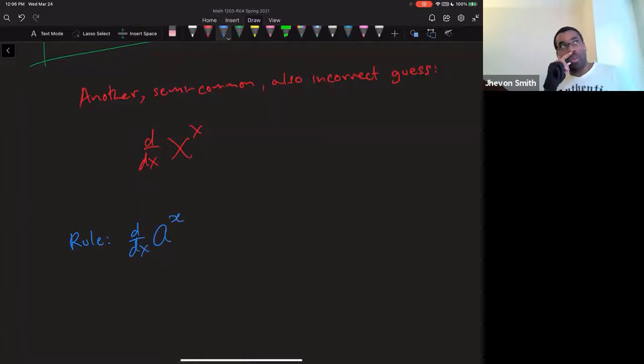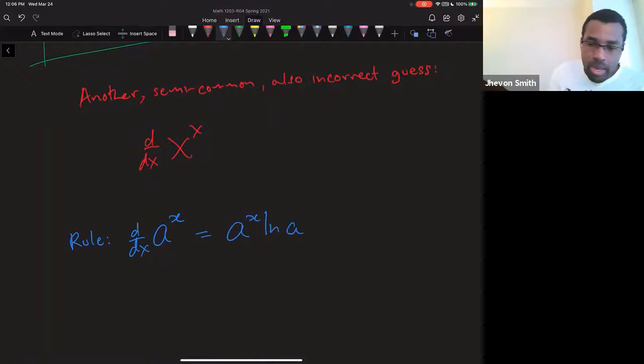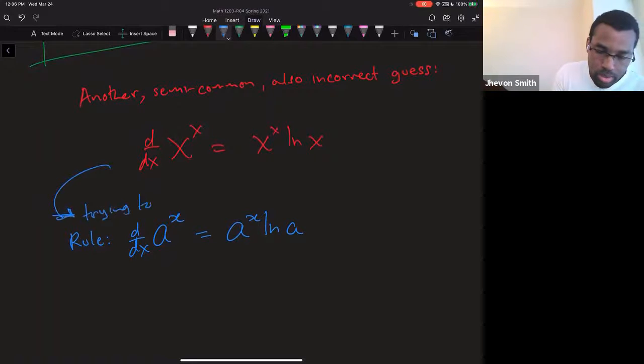So I remember a rule where there was an x in the power, and the derivative of that was a to the x ln a. So maybe the derivative of this is x to the x ln x. Maybe that's going to be what it is, right? Trying to apply this erroneously.